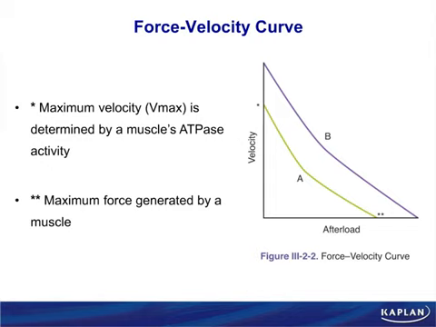Now, myosin has an ATPase, and if you think about it, the faster I can split the ATP into ADP and phosphate, the quicker the myosin returns to its high energy, high affinity state and can therefore bind again.